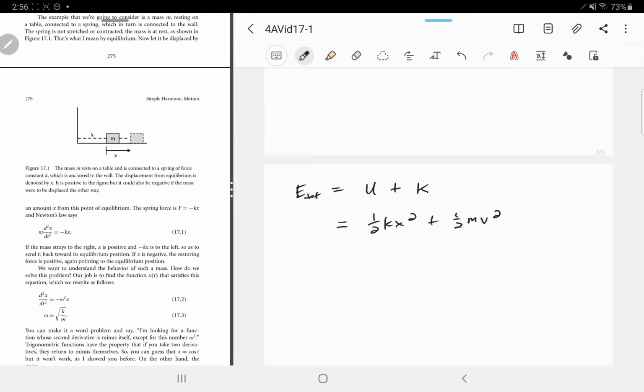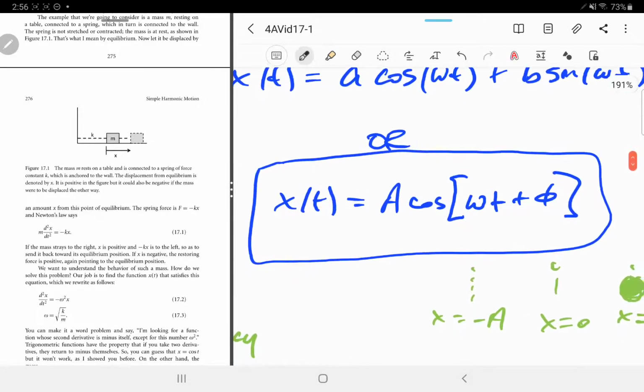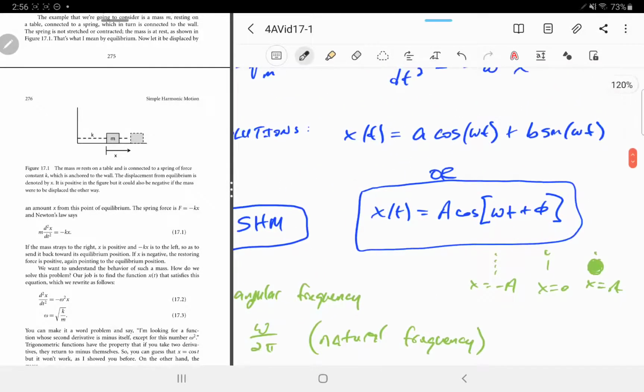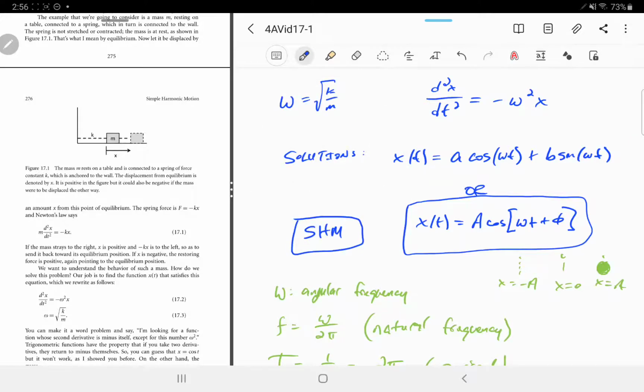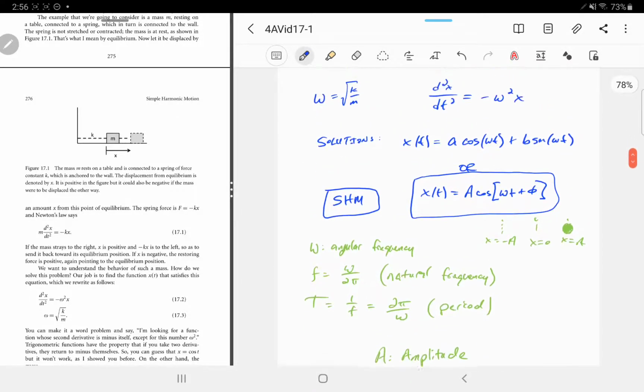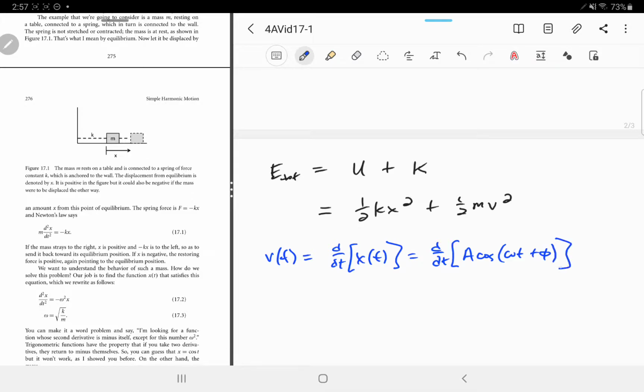So I'm going to plug in the x of t that we have shown for simple harmonic motion. But for v, what I should plug in is related to this. So I'm going to take a derivative of this with respect to time to get the velocity function. So v is the derivative with respect to time of x of t, or the derivative with respect to time of a cosine omega t plus phi.